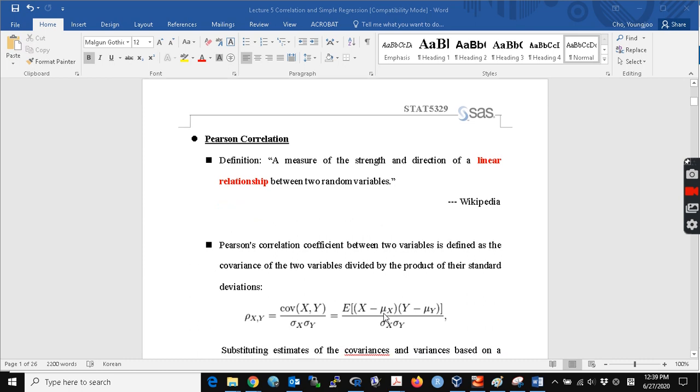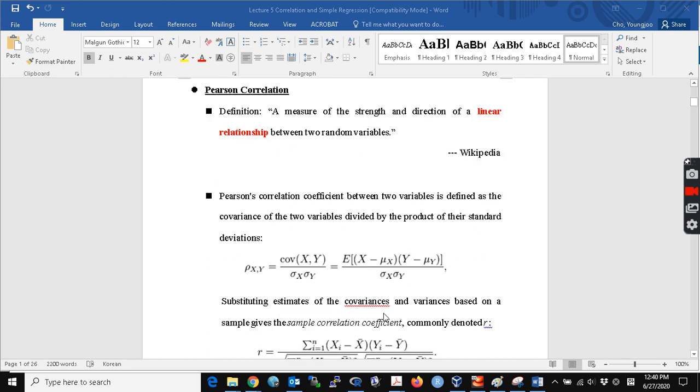So the Pearson correlation, by the definition from Wikipedia, is a measure of the strength and direction of linear relationship between two random variables. The Pearson correlation coefficient is defined as the population covariance divided by the population standard deviation of x and the population standard deviation of y.